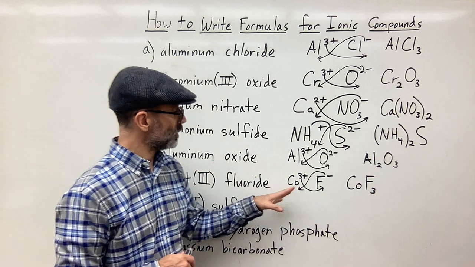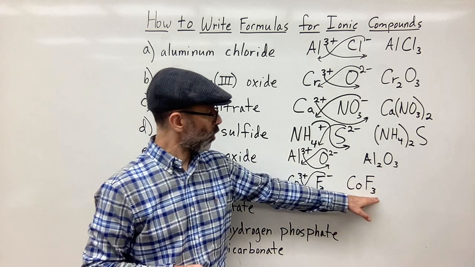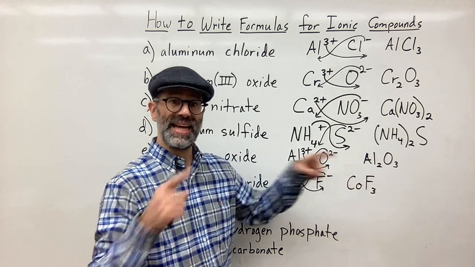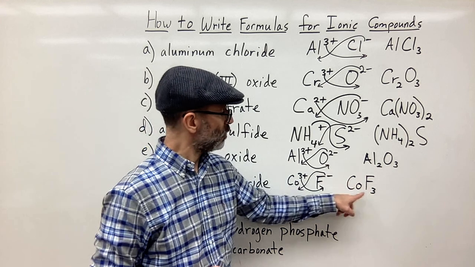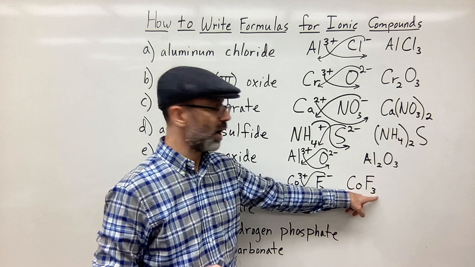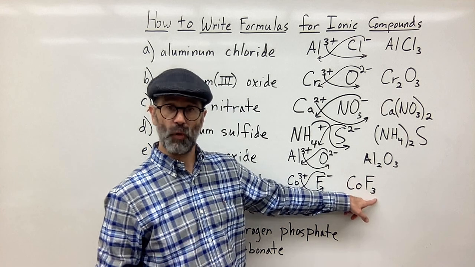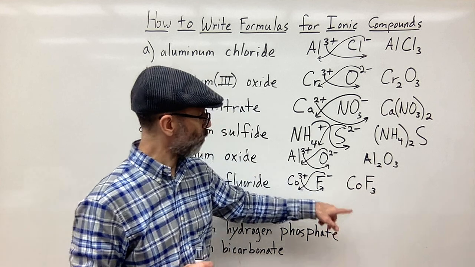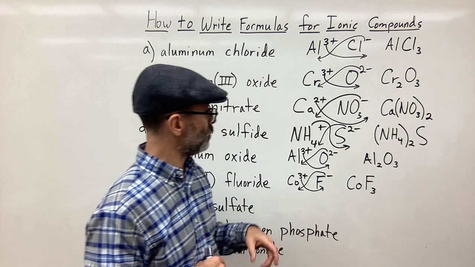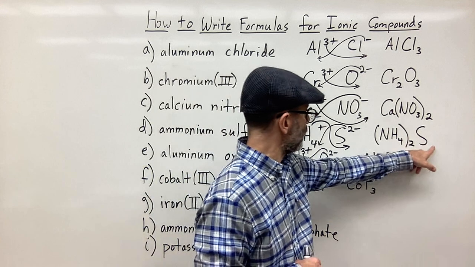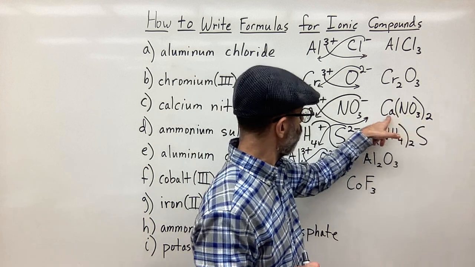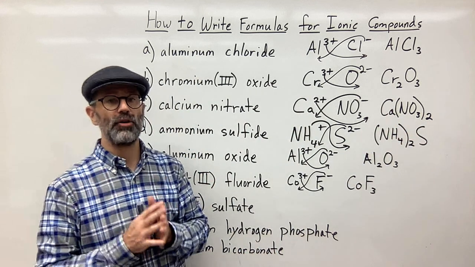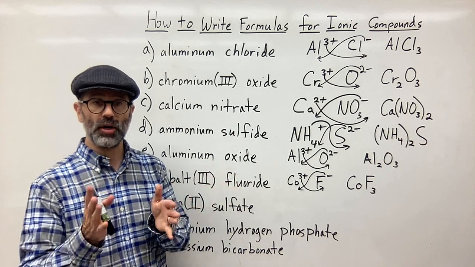Now, one thing I didn't mention, and it hasn't come up just yet, is that when you do the crisscross method, make sure that the subscripts you put are in the lowest, most reduced, or simplest form. So 1 to 3, I can't reduce that anymore. 2 to 3, I can't reduce that anymore. 2 to 1 is the simplest, and so on. If you get a 2 to 2, then you need to reduce that to a 1 to 1 ratio.